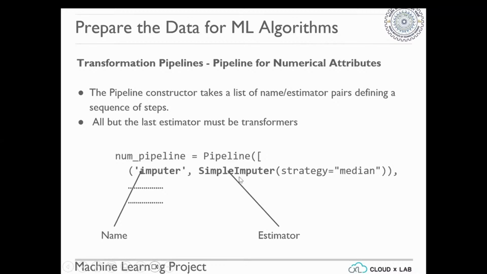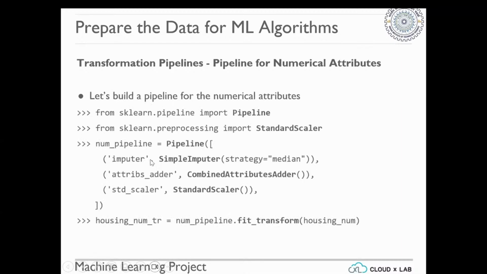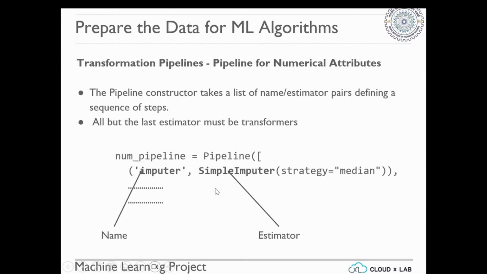And SimpleImputer is the estimator. For attribute adder, you can write any name here, and this CombinedAttributesAdder we have defined, we have defined a custom class for that, right? StandardScaler we have imported from sklearn.preprocessing. So here we are using this StandardScaler to do the feature scaling part, right? Yes.